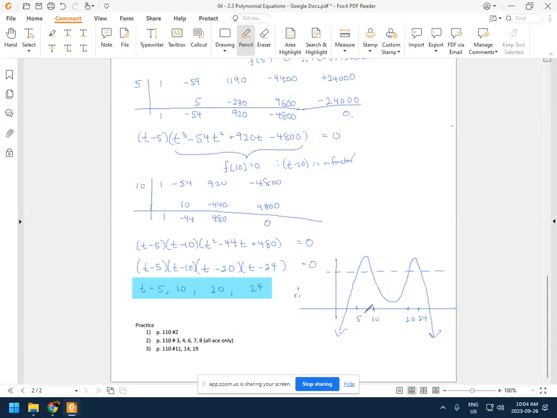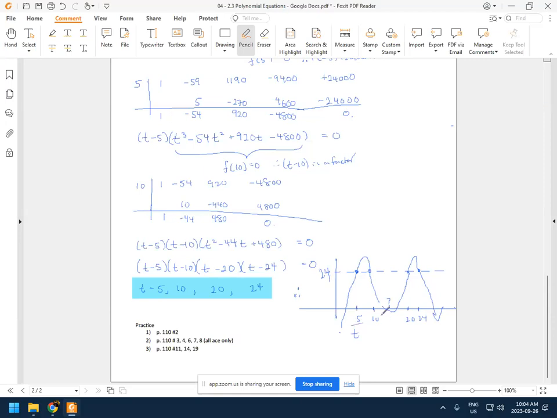No, what am I doing? Yeah, or something like that. Something here, here, and I don't know if it goes down. Something here, and something there. At time equals 5, 10, 20, and 24, the height will be equal to 24.